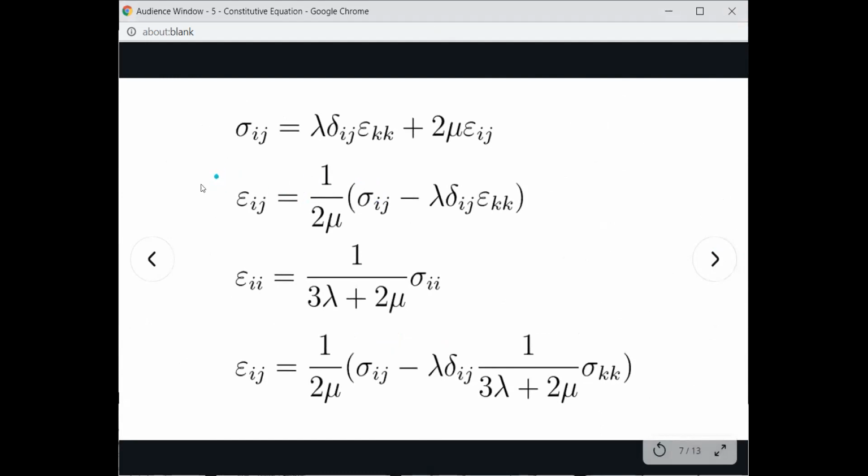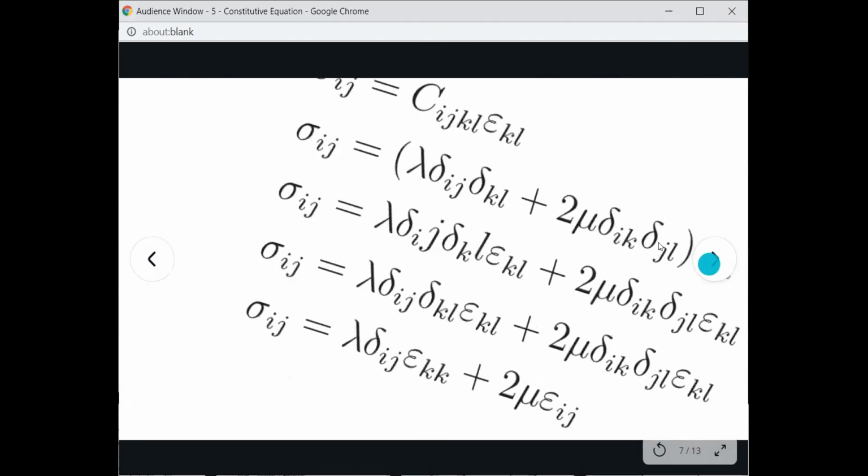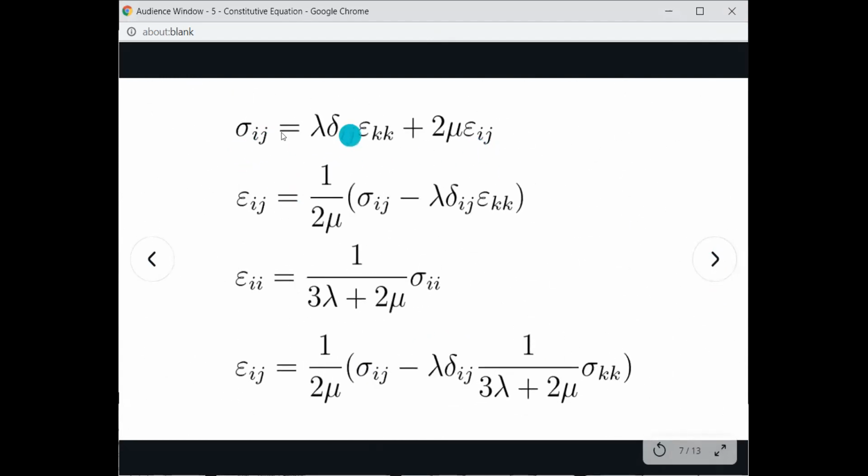Here. So, balik tayo dito sa equation. So, kopyahin natin yung equation na yan. Then we go back here, and we solve for epsilon ij. So solving for epsilon ij, 1 over 2 mu equals sigma ij, lambda delta ij, epsilon kk.